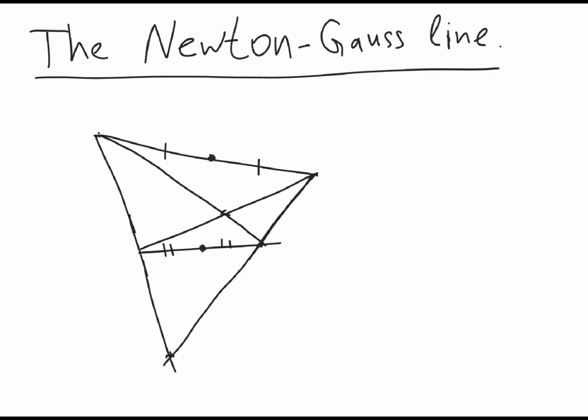So like this, and we take this segment connecting the intersection of the diagonals and the intersection of the extensions of the two opposite sides, and we take the midpoint of this segment. And the theorem is that these 3 points, these 3 midpoints, lie on the same line, so they are collinear, and this line is called the Newton-Gauss line.